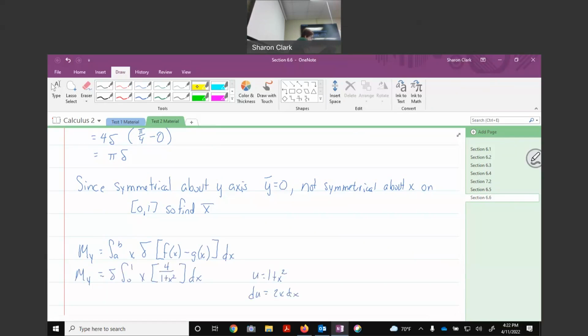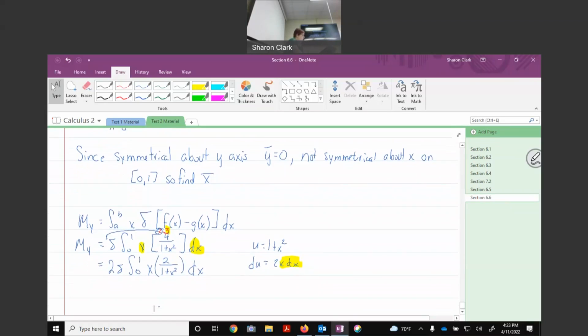Now, I have the x and the dx right there. And then this 4 can be split into 2 times 2. So there's one of my 2's. I've got this 2, I'm going to bring out 2 delta integral 0 to 1 of x times 2 over 1 plus x squared dx.